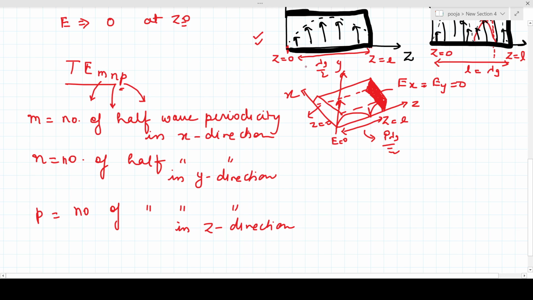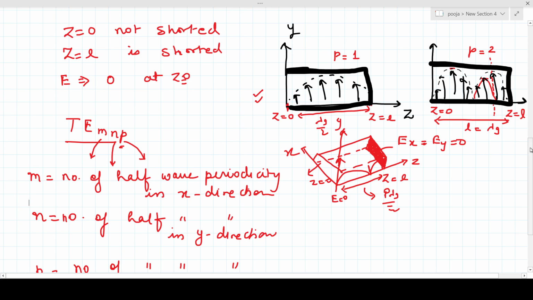Here P is equal to 1 and we have one standing wave pattern. Here P is equal to 2, so we have two standing wave patterns in the z direction.